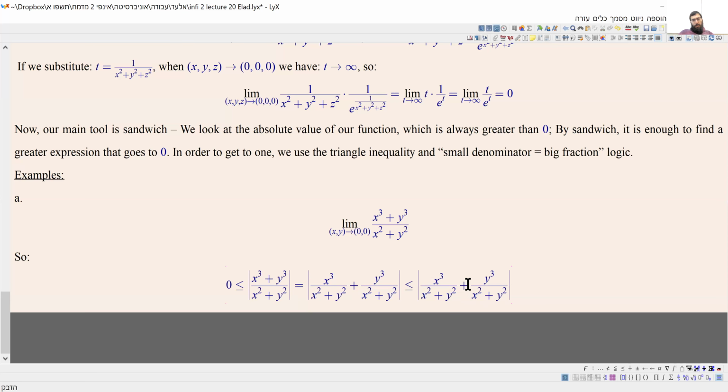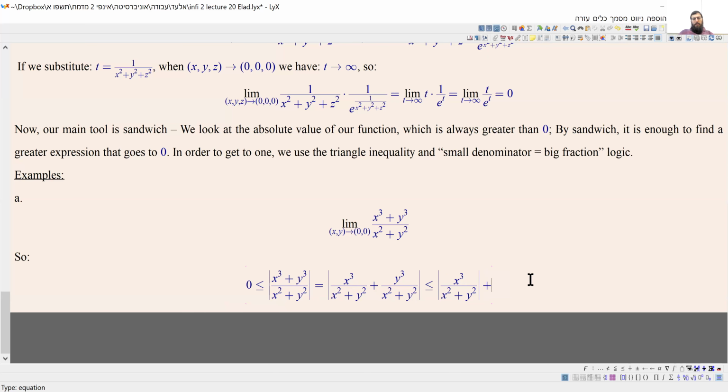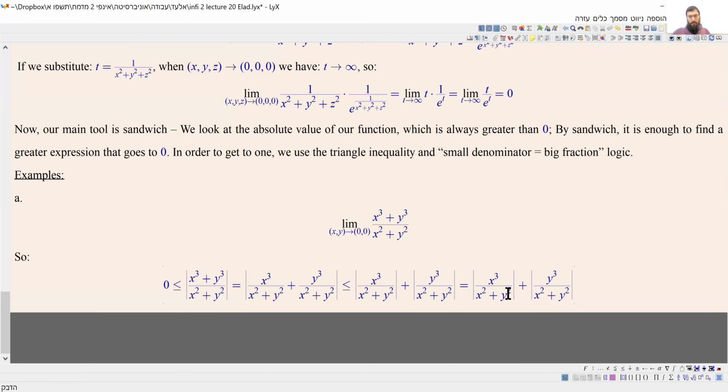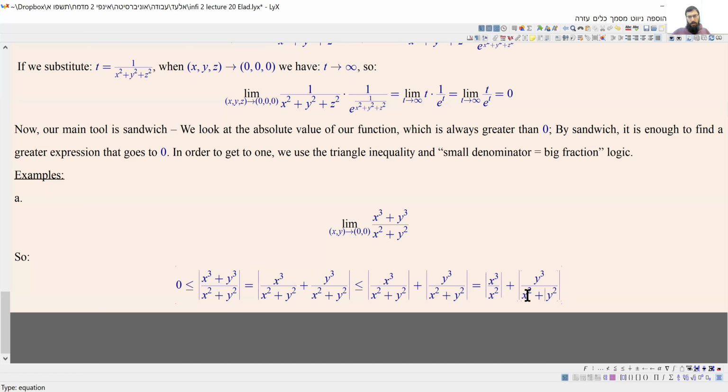We don't actually need to use the triangle inequality here, but no, we need to do it. So now, every fraction has its own absolute value. We can use the small denominator, big fraction logic. Here we can give up on y squared, and here on x squared.